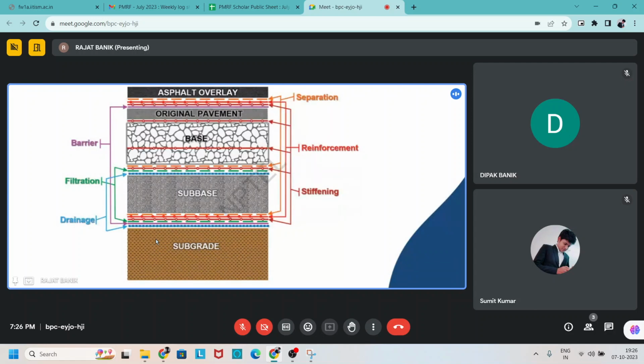Below, for drainage and filtration purposes, between subgrade and subbase geosynthetic is used, and for the same reason we use it between subbase and base course. There we can use it for stiffening purposes, reinforcing purposes, and also as a separator.